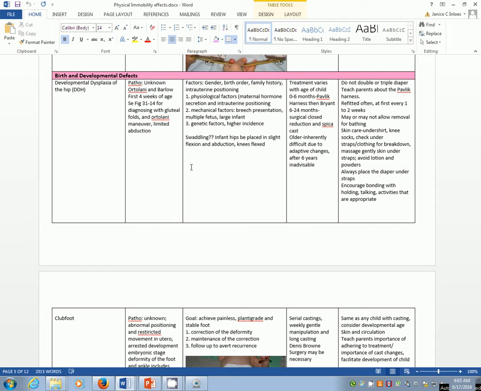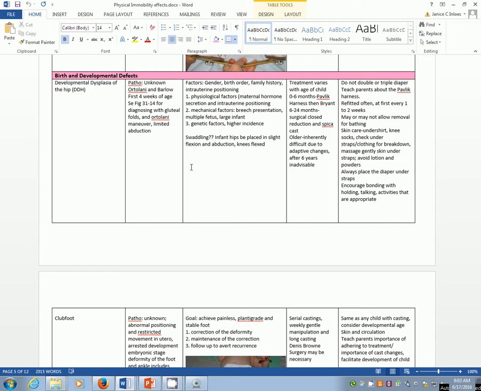Then after 24 months, they're starting to look at a different type of treatment, because after 24 months, we can't use the pelvic harness. We can't use anything like that. So it's harder after 24 months, they've been up walking for a year, and their femoral heads have adjusted, and they've been able to walk with these congenital hip factors.